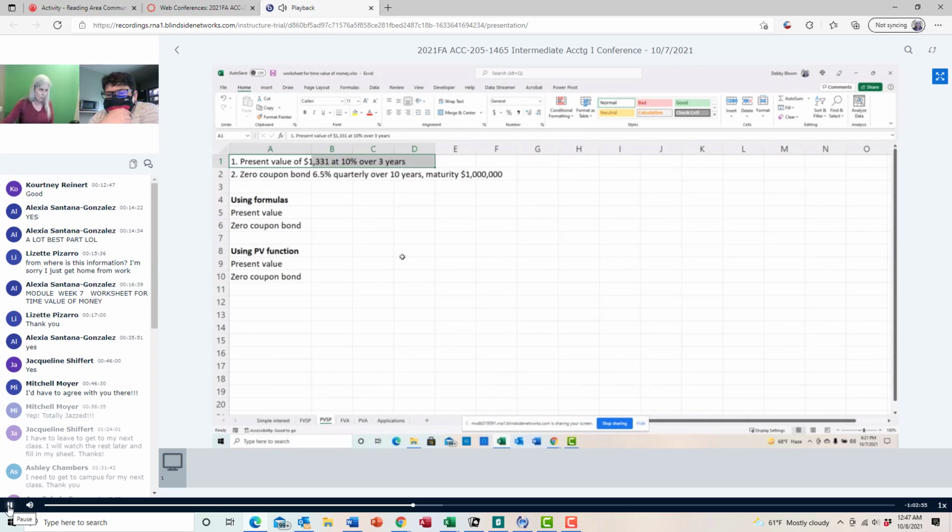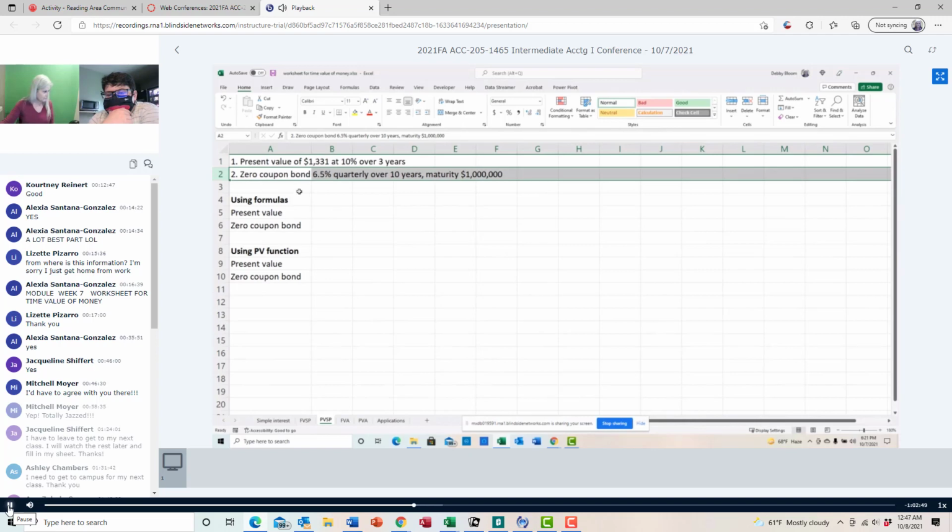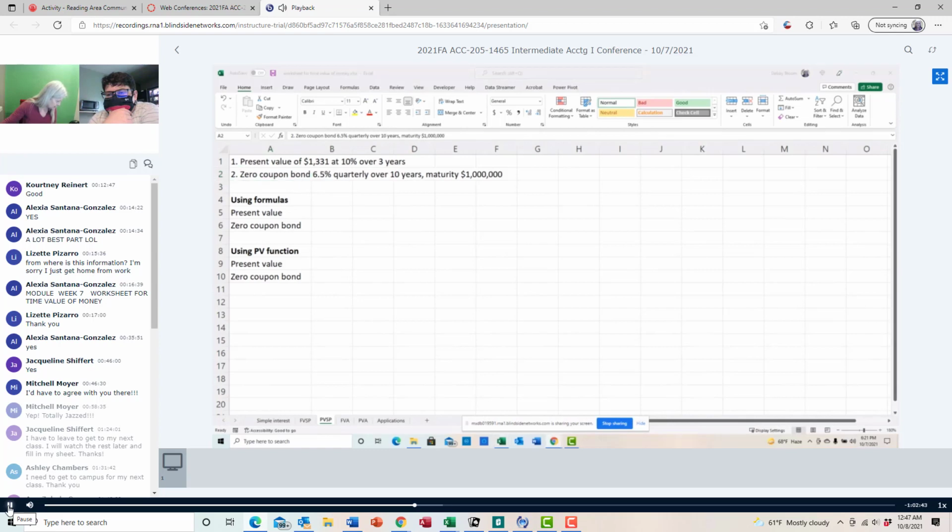Now, one application of this that you see in business is zero coupon bonds. I don't know if any of you invest and know anything about zero coupon bonds, but a zero coupon bond is normally issued by a very new and very risky company.